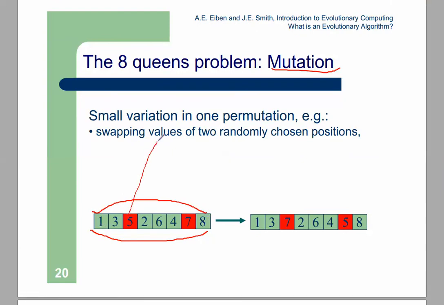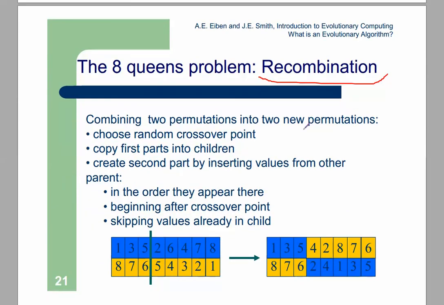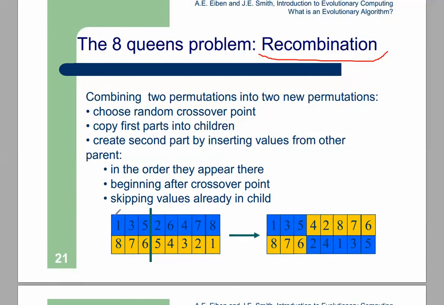So a small change, for example, is swapping two values, for example 7 and 5. It is a mutation, swapping mutation for permutation representation. Recombination or crossover is combining two individuals or two solutions.